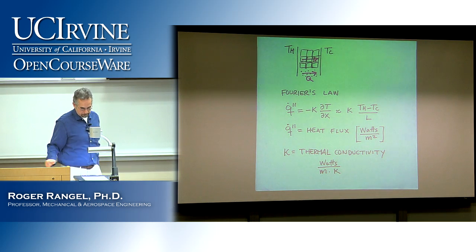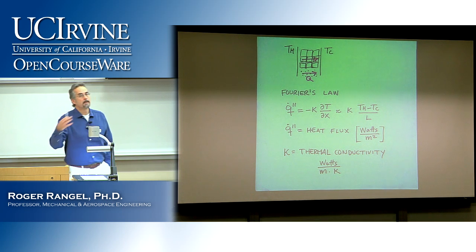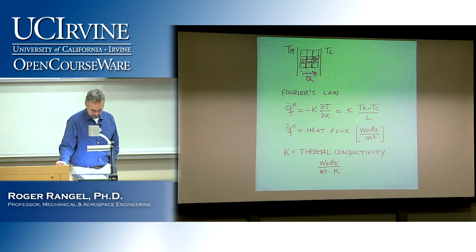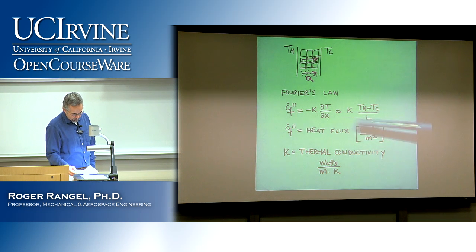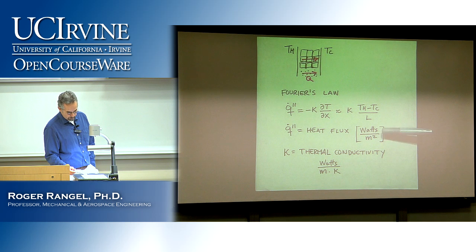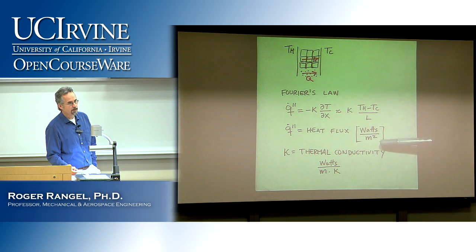So it's a property of the material. As I told you, the heat flux has units of energy per unit time, which in international units would be watts, but then also per unit area, so meter squared.